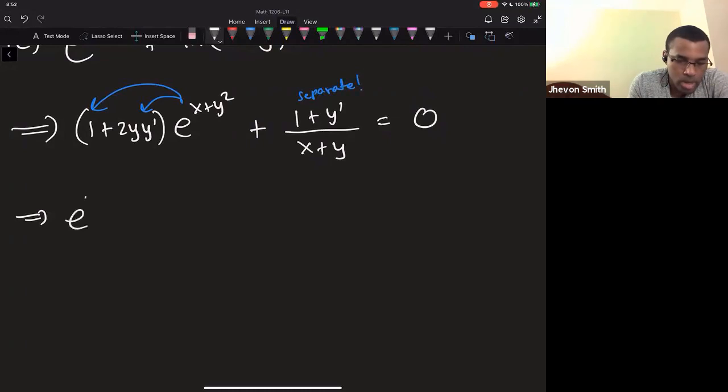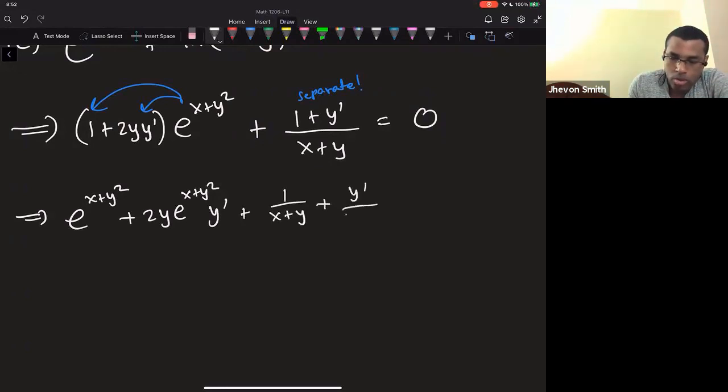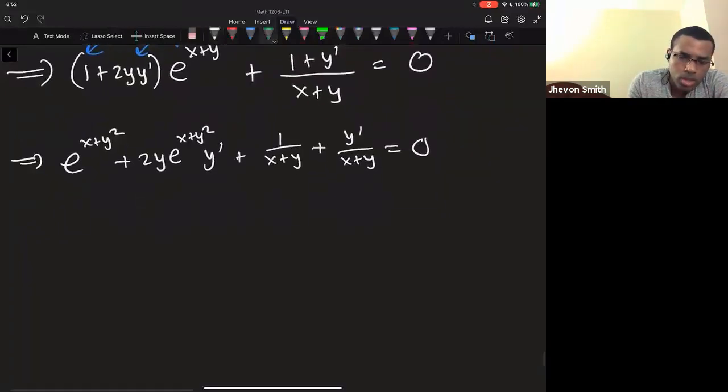So here I would have e to the x plus y squared plus 2y e to the x plus y squared y prime plus 1 over x plus y prime over x plus y equals 0. So here are the two guys with our y primes in it.